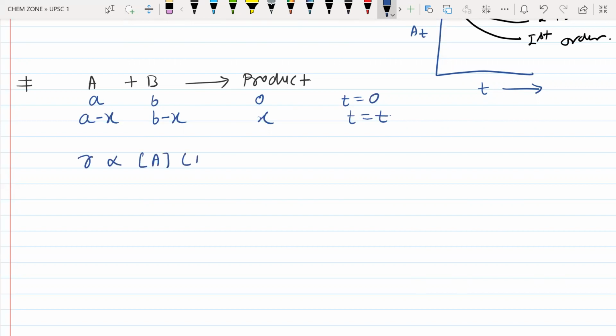Now, the rate of reaction is proportional to the product of concentrations of reactants A and B. In place of A, we can write a minus x. In place of B, we can write b minus x.